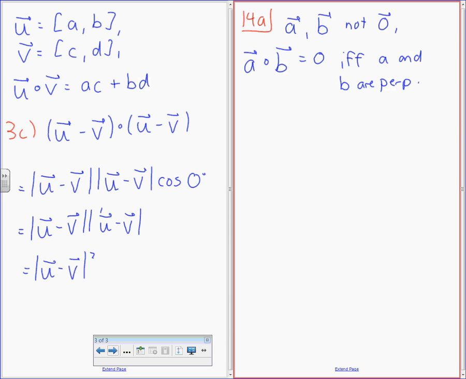Okay, so we're going to say, using Cartesian vectors, this is going to be tricky with Cartesian, isn't it? So vector a equals (ax, ay).